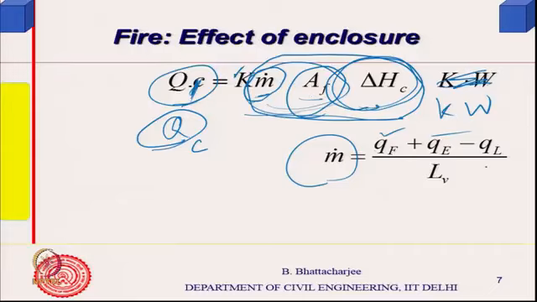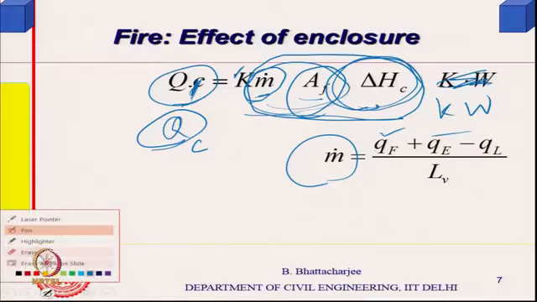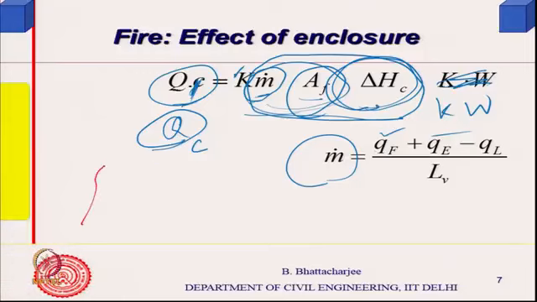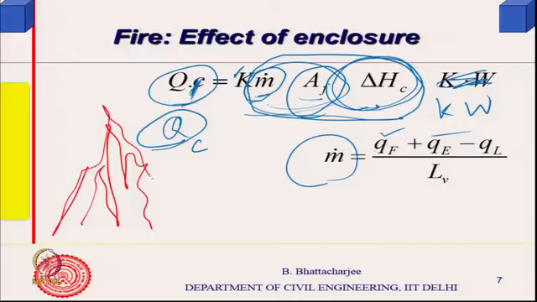QL is the heat lost to the surroundings. When we talked about this diagram earlier, if you remember, when we talked of fire, we said that some heat is lost, and some heat goes to the fuel again.